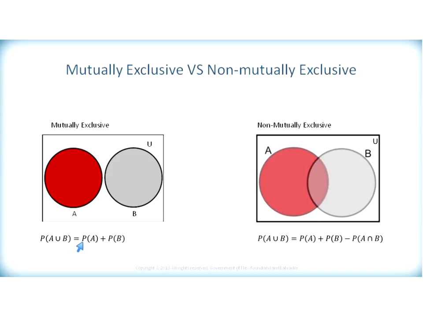And of course, the probability of A union B in mutually exclusive is just the probability of A plus the probability of B. In non-mutually exclusive, the probability of A union B is the probability of A plus the probability of B, subtract the probability of the intersect.